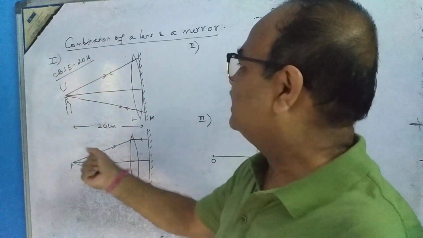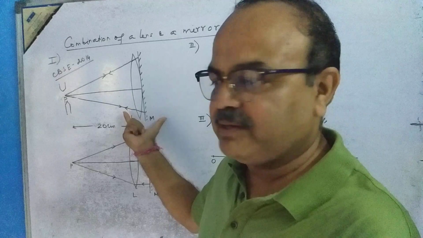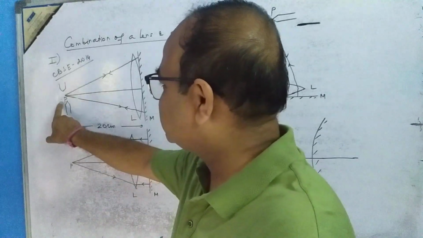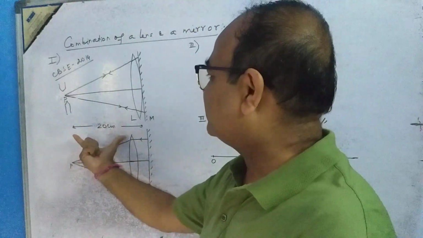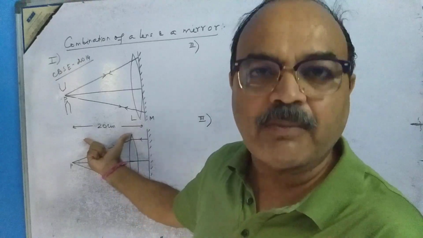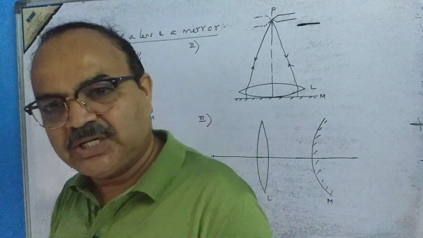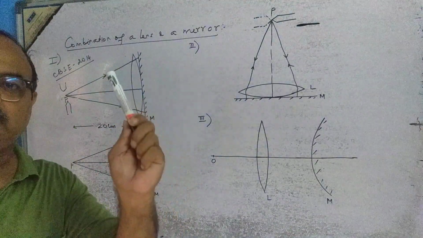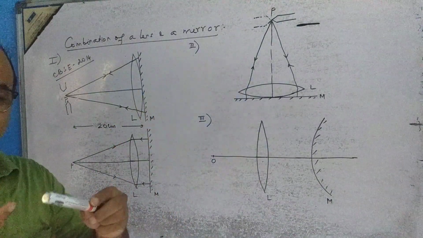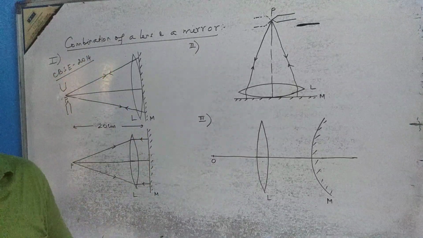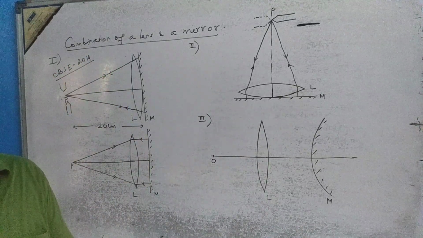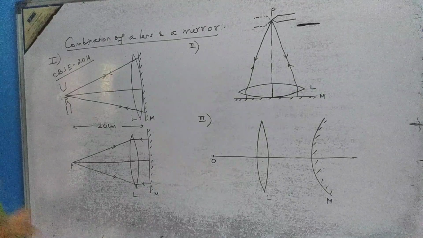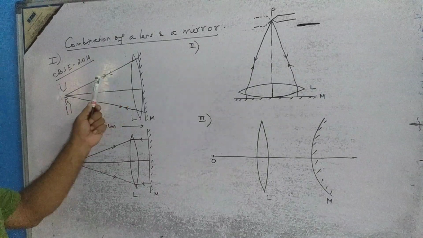I repeat, there is a combination of a lens and a mirror, and an object P is placed at a distance of 20 centimeter from this combination, and the object and its image both are coinciding. If they are coinciding, then the figure must be like this.